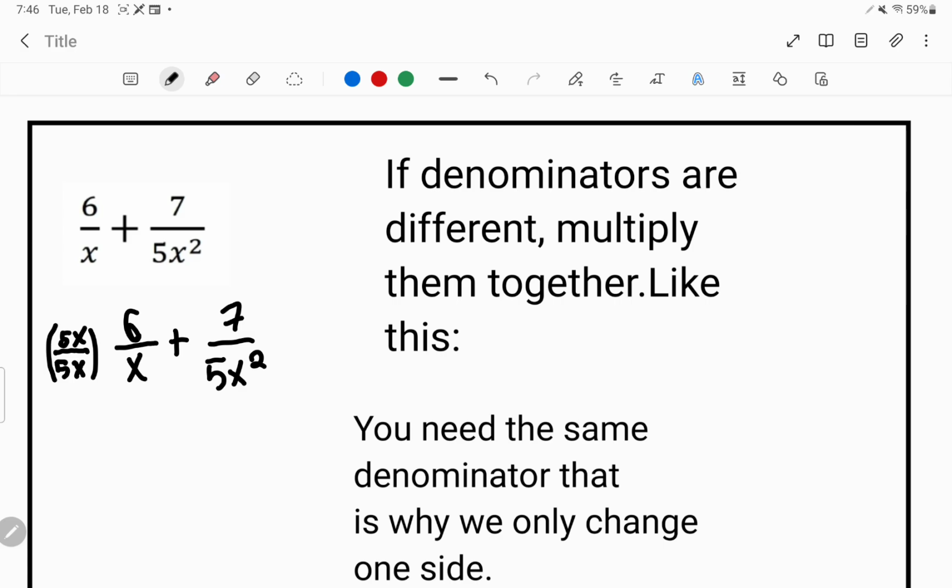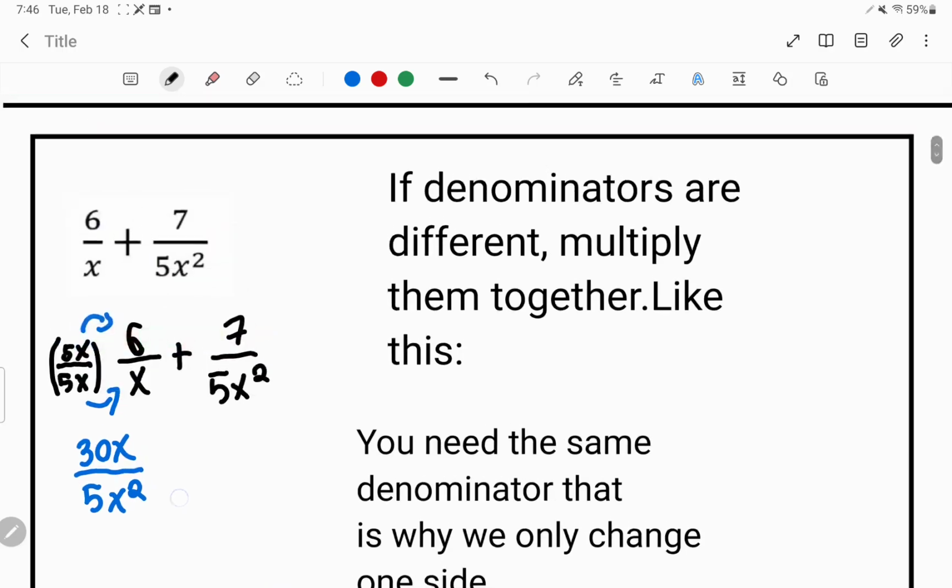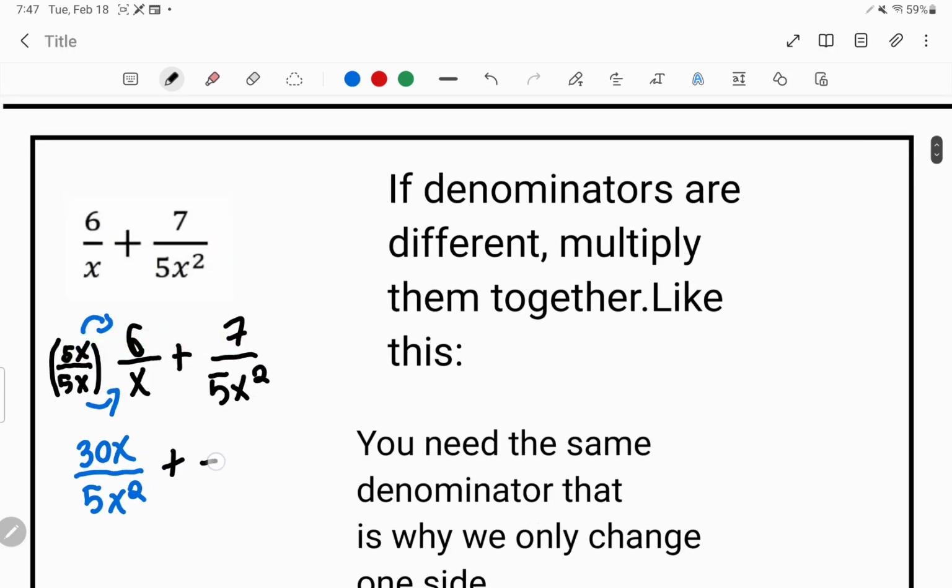And now we multiply, and you're going to see what's going to happen here. Now, if you multiply, this is what's going to happen. This is multiplied with this, and this is multiplied with this. So we're going to have 30x on the top over 5x squared, which is exactly what we want. We want to have the same denominators. Now we have 7 over here and 5x squared.